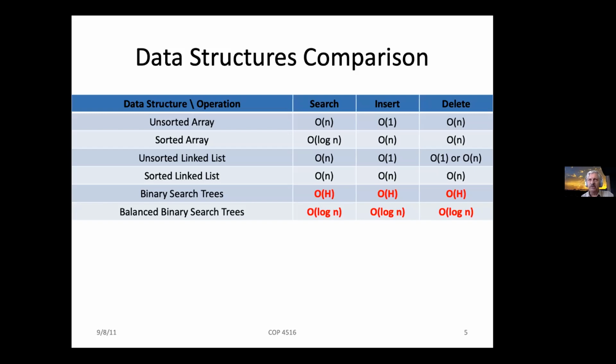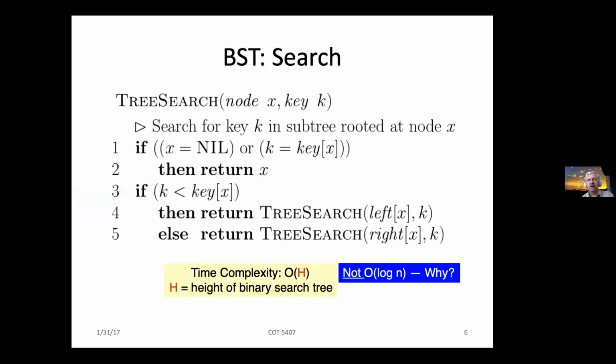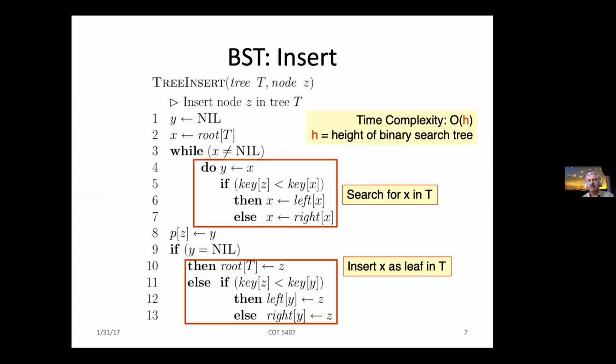Last time we quickly went over how to do search, insert, and delete. Well, we didn't quite complete everything there. The search is really easy. It's exactly the way you do binary search. The insert in a simple binary search tree is quite easy.